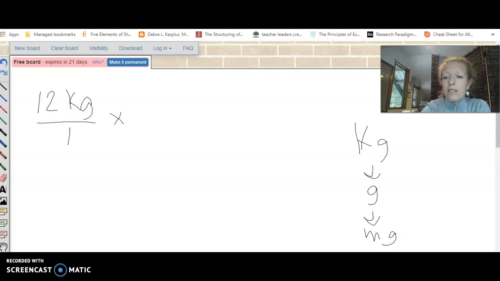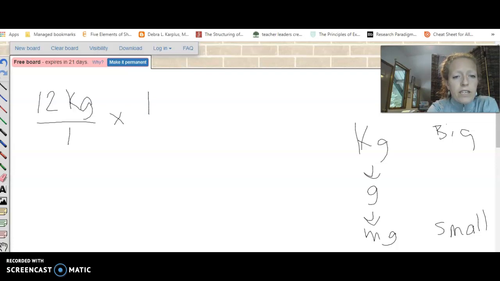Because remember, this is bigger up here, and then these are smaller. Okay. All right, so I have my kilograms, 12 of them. First, I want to convert into grams. So I know that 1,000 grams is equal to 1 kilogram.